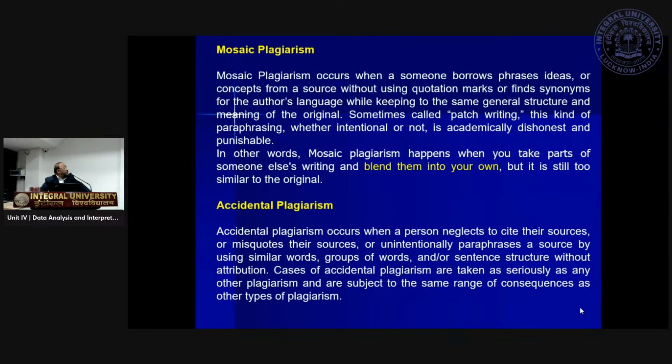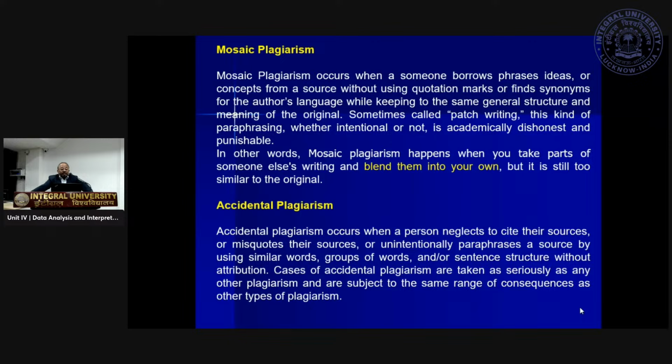Mosaic plagiarism occurs when someone borrows phrases, ideas, or concepts from a source without using quotation marks, as she said. That comes under mosaic plagiarism.